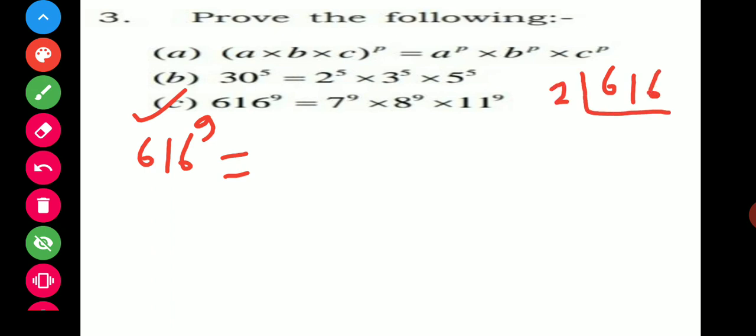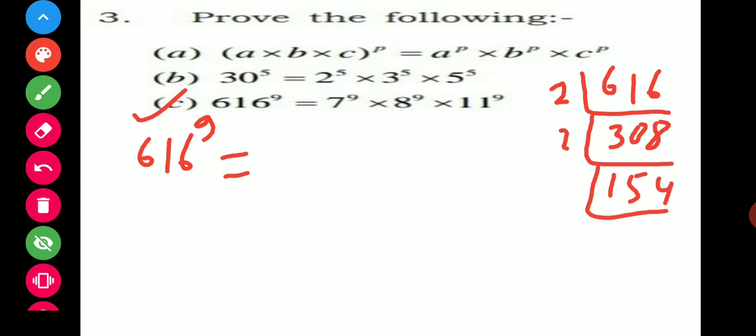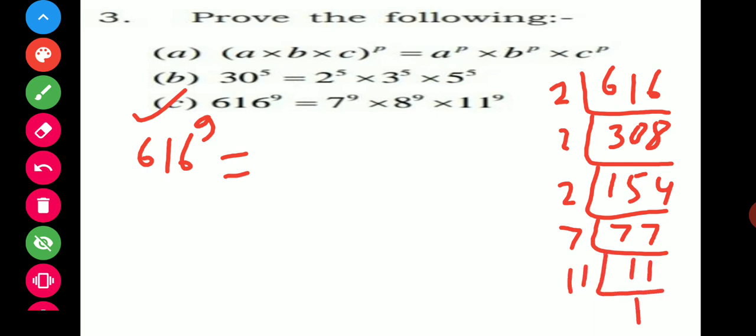First of all, divide by 2: 2 3s are 6, 2 8s are 16, and once again by 2, 2 1s are 2, 2 5s are 10, and 2 4s are 8. Once again with 2, 2 7s are 14 and 2 7s are 14. Once again by 7, it is 11. Then once again by 11, it becomes 1.